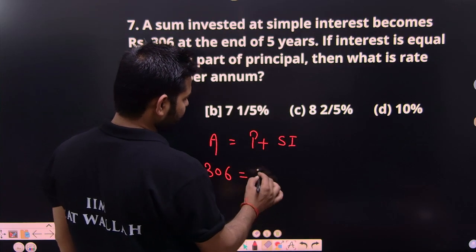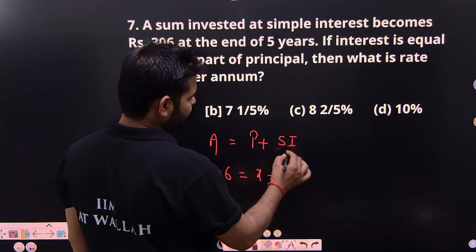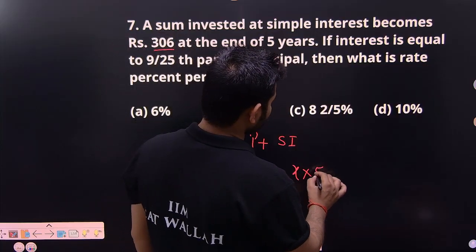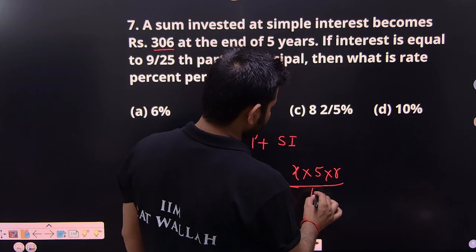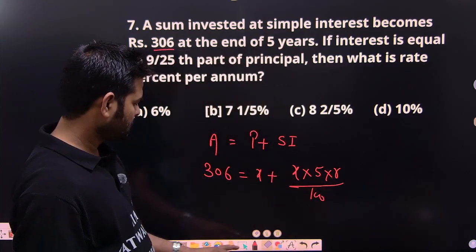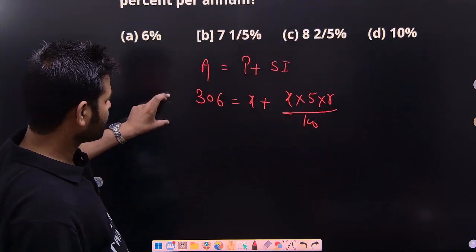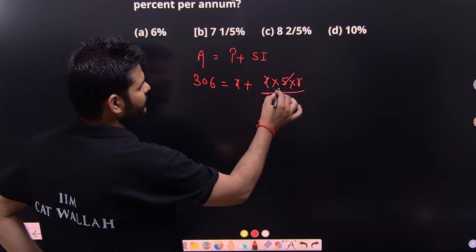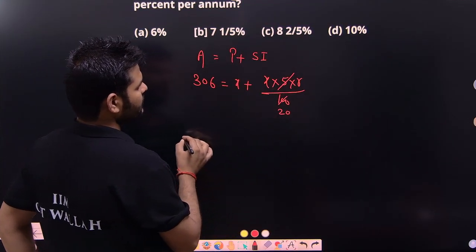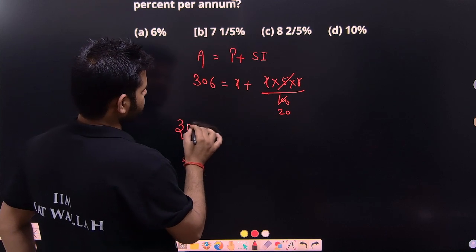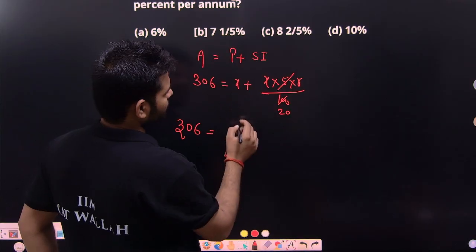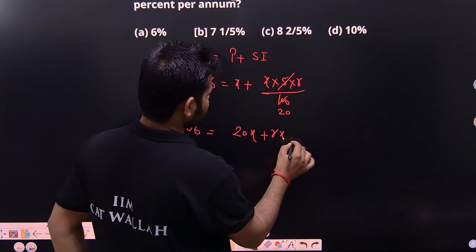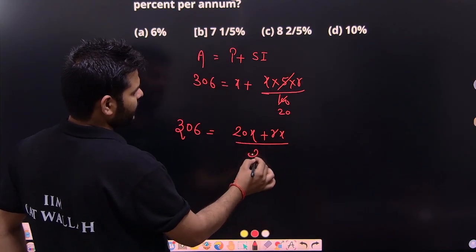Principal, suppose this is X, plus SI, which means X into principal into time into rate. We don't know the rate. From here you will get 5 twos are 10, so 306 would be 20x plus rx divided by 20.